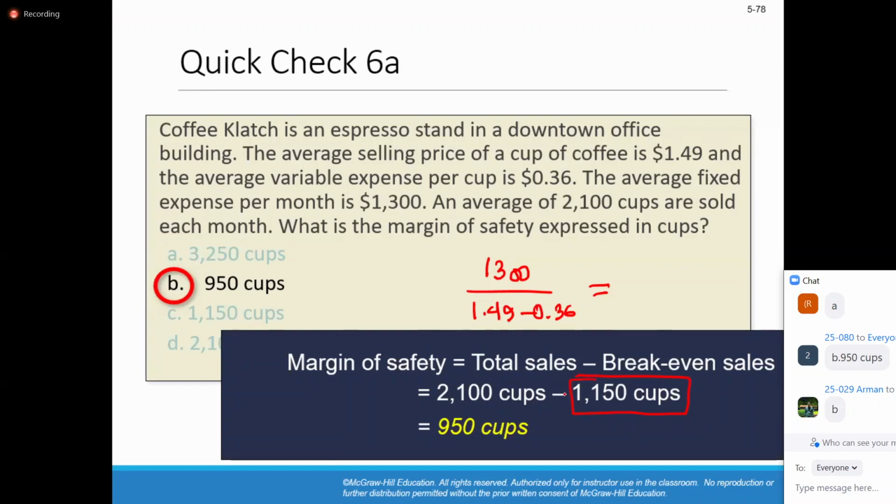Yes, no? So this should be this amount, 1,105. So what you need to do? We need to subtract this number from the actual sales of 2,100. So this 950 cups is our margin of safety in terms of the sales unit.